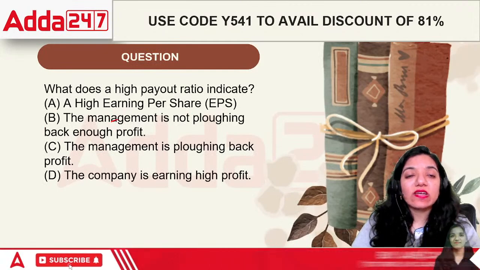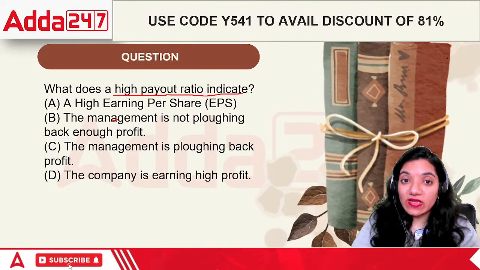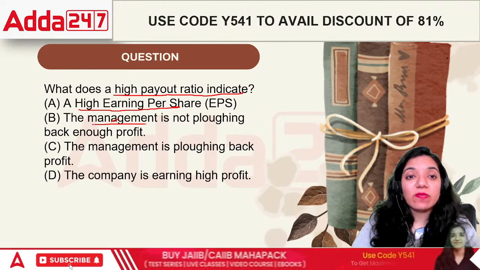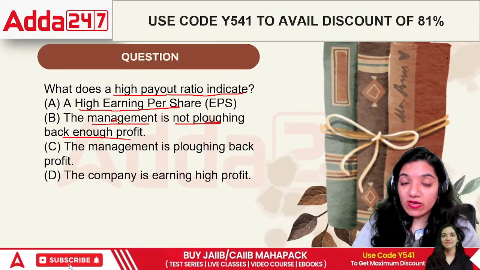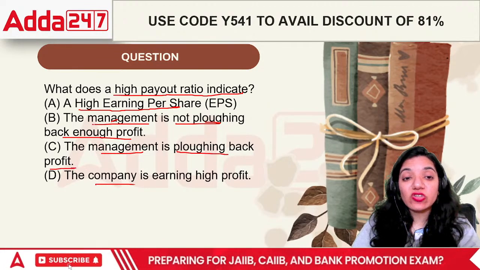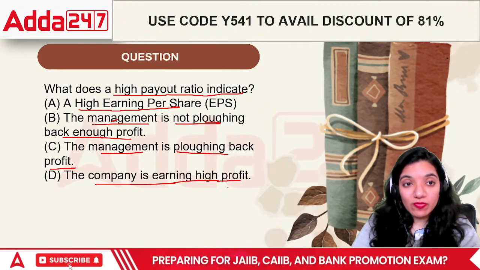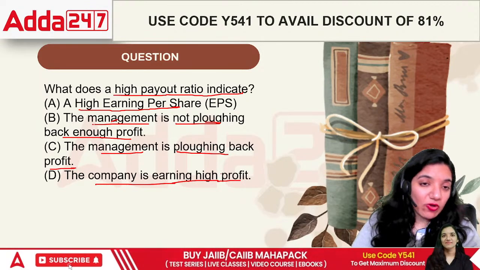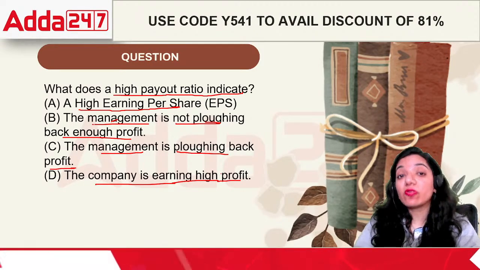Next is, what does a high payout ratio indicate? The options are: a high earning per share; the management is not plowing back enough profits; the management is plowing back the profits; or the company is earning high profit. A high payout ratio indicates the organization is paying a good amount of money to the people.